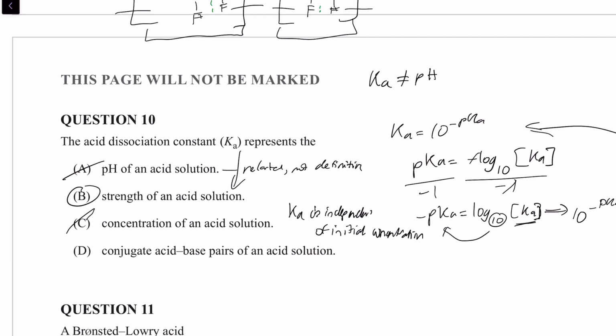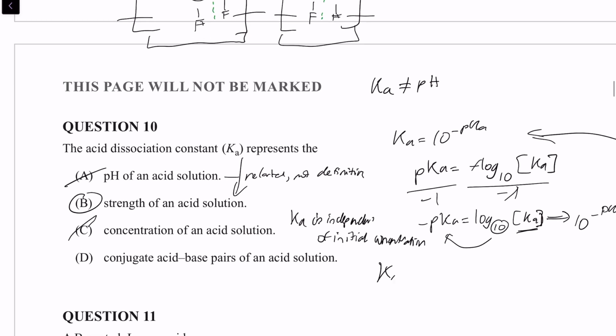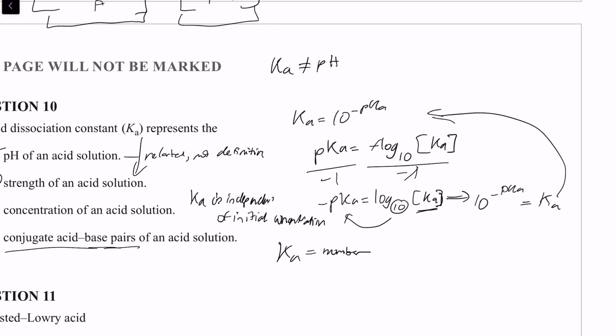D, conjugate pairs. No. The Ka is actually just a value. It's a number, really. And the number is usually like a 10 to negative something, like a decimal.